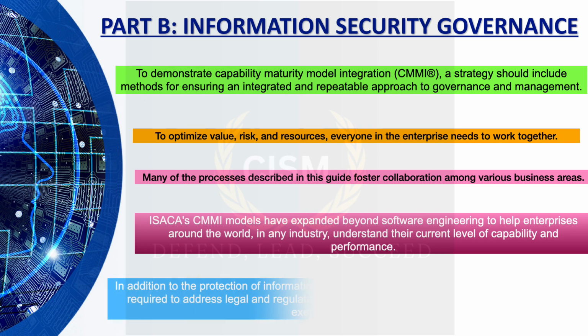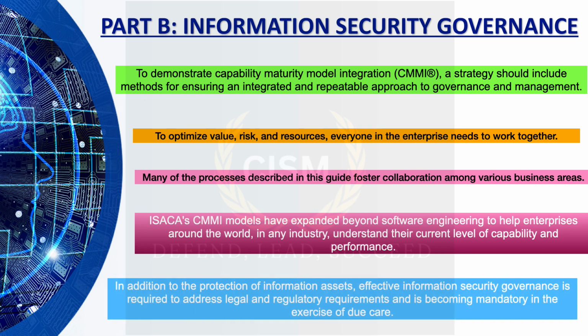And at last, in addition to the protection of information assets, effective information security governance is required to address legal and regulatory requirements and is becoming mandatory in the exercise of due care. Friends, beyond safeguarding information assets, robust information security governance is essential to meet legal and regulatory obligations, increasingly becoming a mandatory aspect of exercising due care.